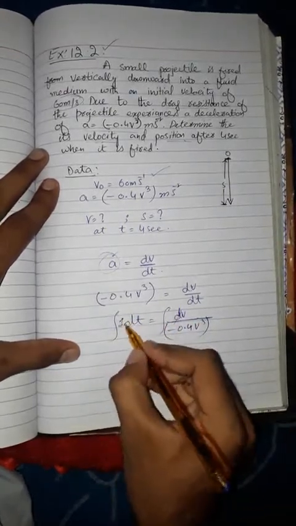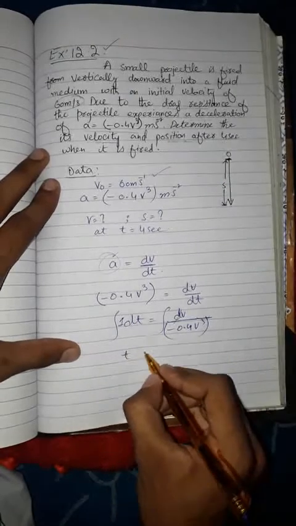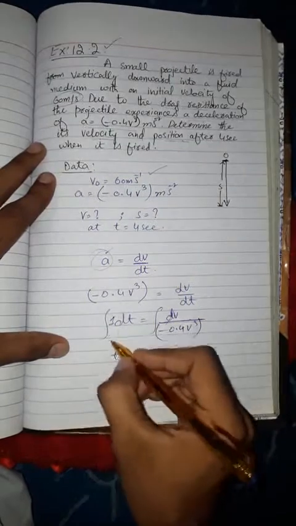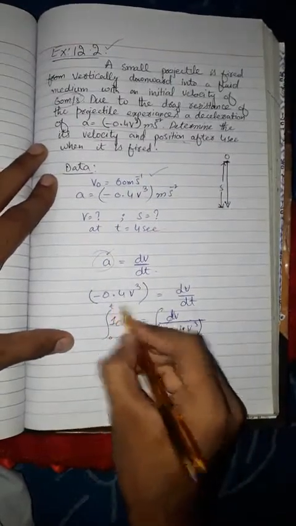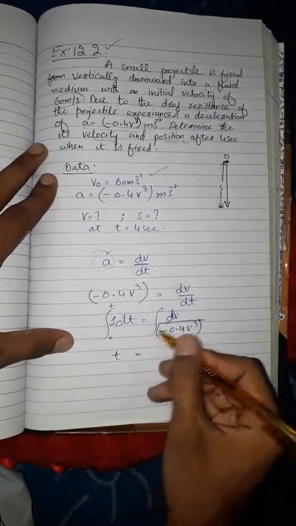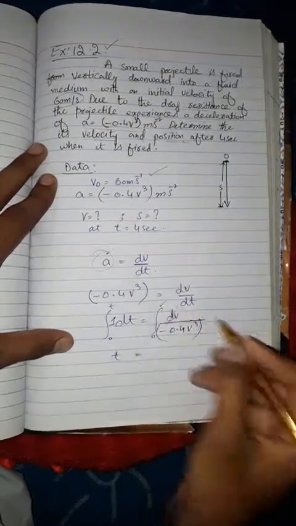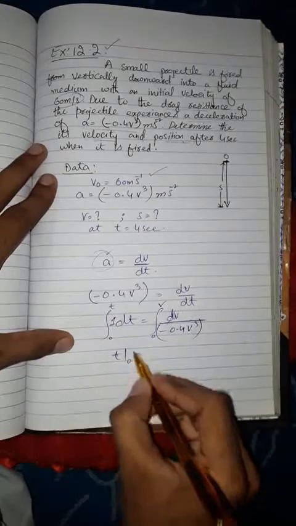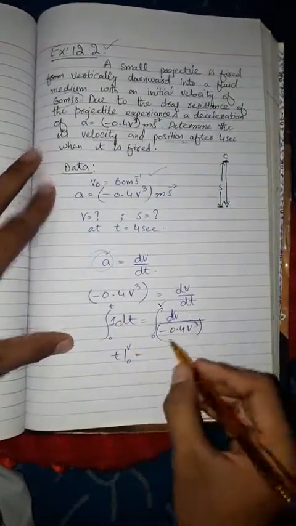So the integration of 1 will be t, with time from 0 to t seconds, and the velocity from 0 to v meter per second. So this is our boundary position.